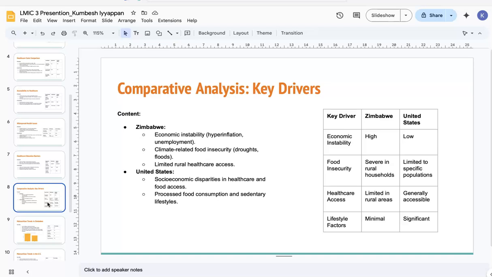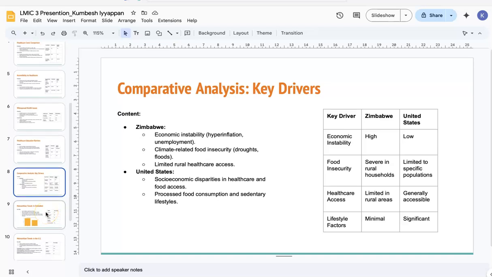I carried out a comparative analysis which analyzes key drivers. For Zimbabwe, it is economic instability fueled by hyperinflation and unemployment, climate-related food insecurity like droughts and floods, and limited rural healthcare access, where the US has socioeconomic disparities in healthcare and food access, and processed food consumption and sedentary lifestyles have huge effects on the health of the US population.